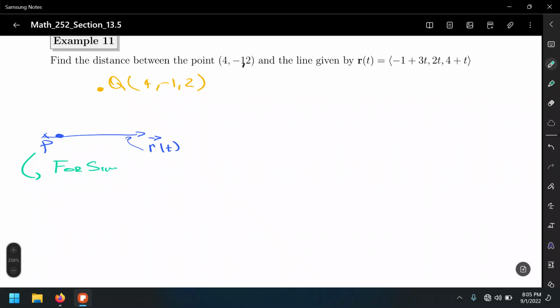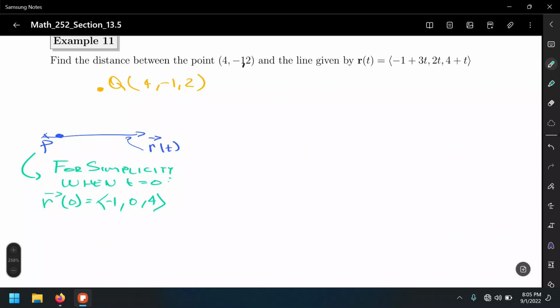For simplicity, when t equals 0. Of course you can plug in t equals 1 or t equals 2, that's fine, but that's going to lead to more calculations. Plugging in zeros typically reduces the amount of work. So that's r of 0, that's -1 plus 3 times 0, which is 0, 2 times 0 is 0, and 4 plus 0 is 4.